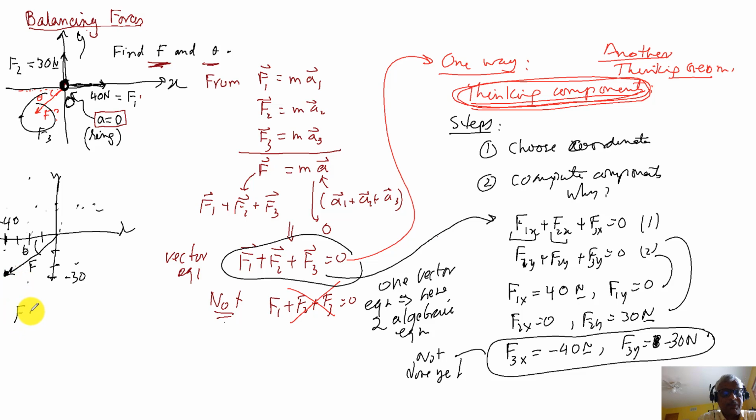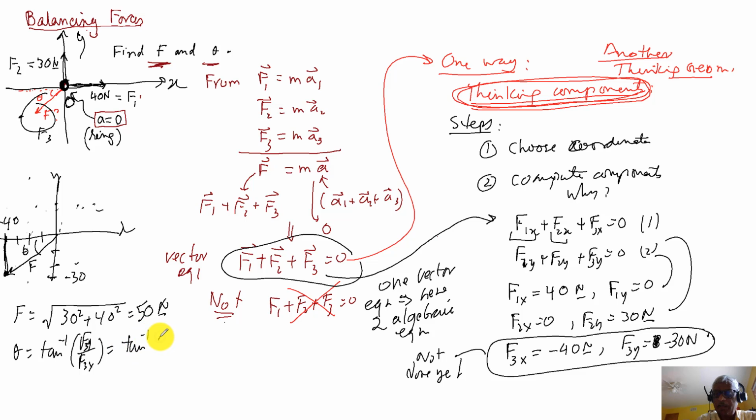The magnitude f equals the square root of 30 squared plus 40 squared, that's 50 Newton. And this angle is going to be theta equals arctangent of f3y over f3x. Both are negative, so the negatives cancel out, and this is arctangent of 3 over 4. So that's going to be the answer for the angle. This is the magnitude, and this is the angle.